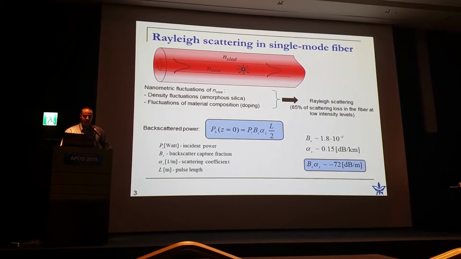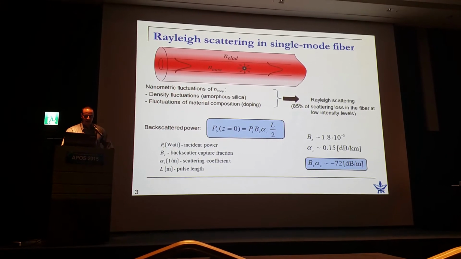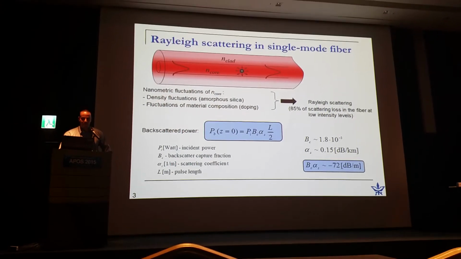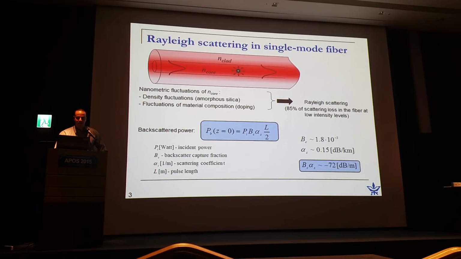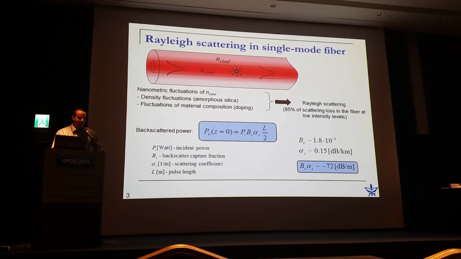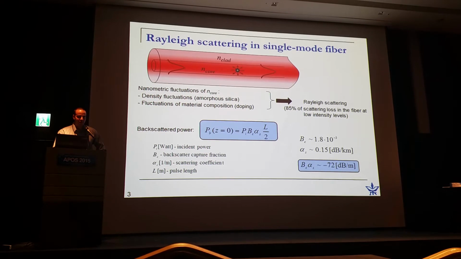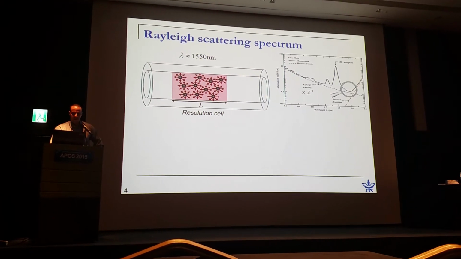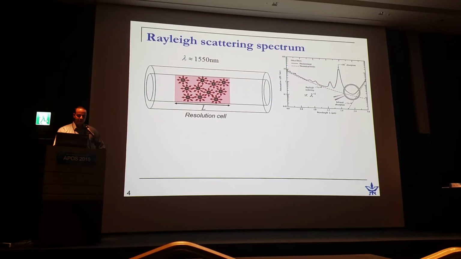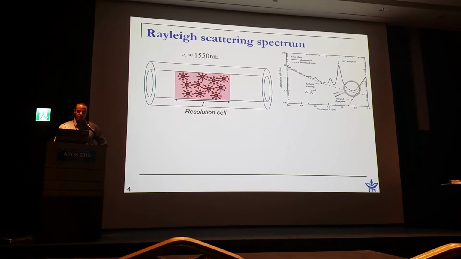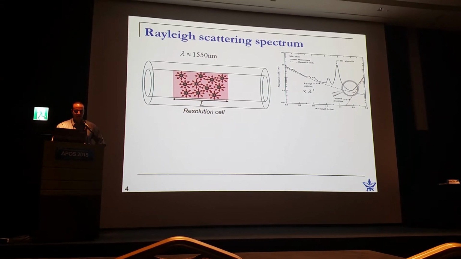If we consider the linear attenuation due to Rayleigh scattering of 0.15 dB per kilometer, we end up with a really small number of -72 dB per meter, which is excellent for communication, but very challenging for sensing. So we are interested in measuring the Rayleigh spectrum at some range in the communication wavelengths.